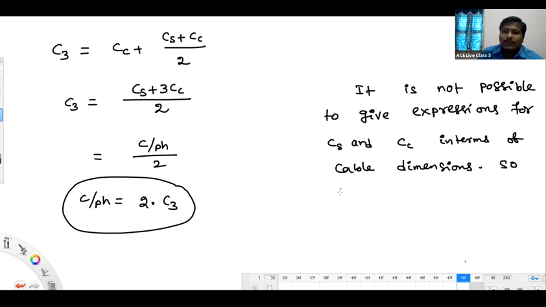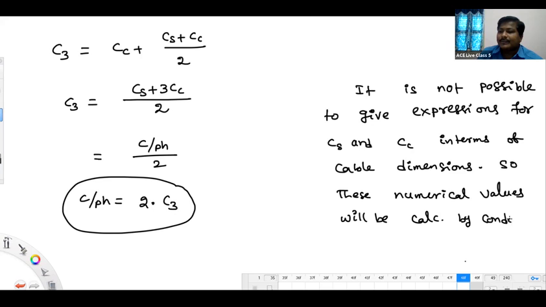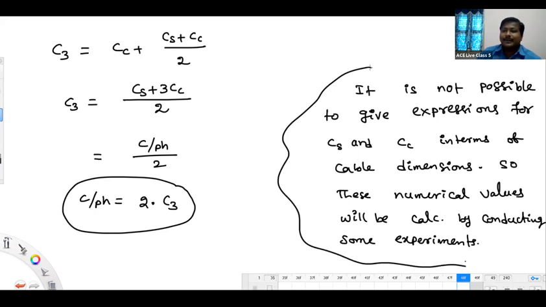So these numerical values will be calculated by conducting some experiments. This is the reason why we are doing these experiments.